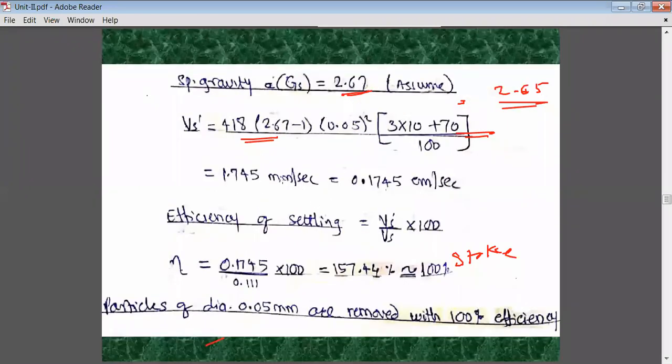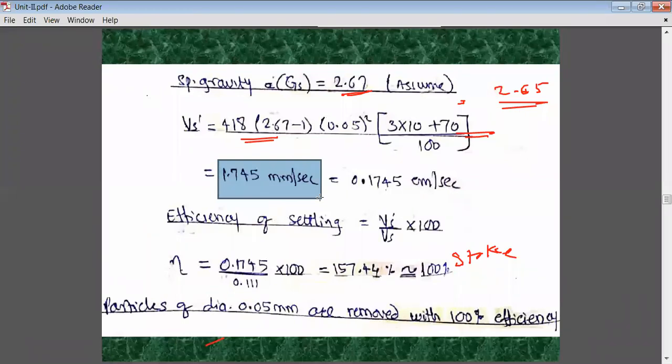So here you get the settling velocity of the particle as 1.745 mm per second, and converting that in centimeter per second, we got the velocity as 0.1745 centimeter per second.